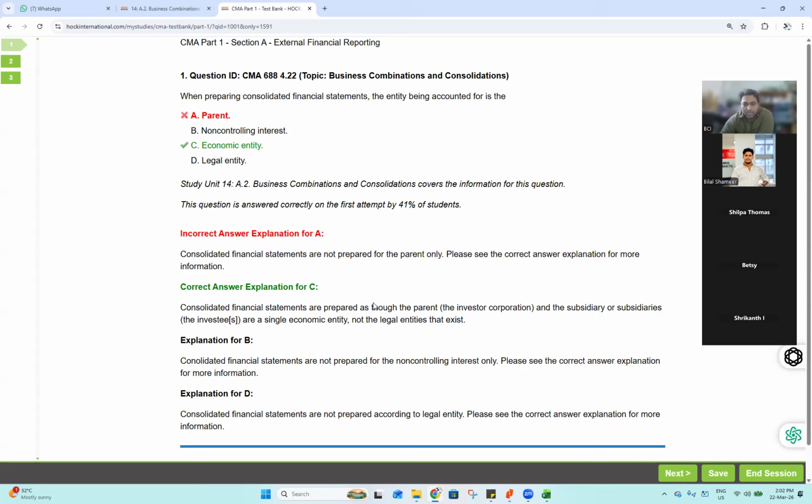The consolidated financial statements are prepared through the parent. The subsidiary or subsidiaries are treated as a single economic entity, not a legal entity that exists. I read the question as equity, right? It was the entity being accounted for. My mistake. I read it as equity. Nobody corrected me either.